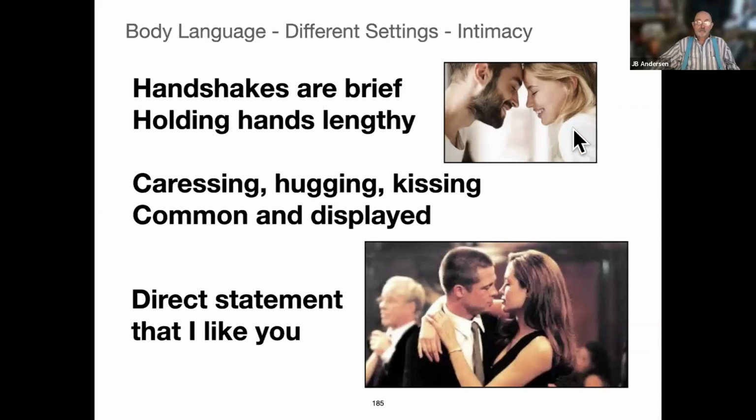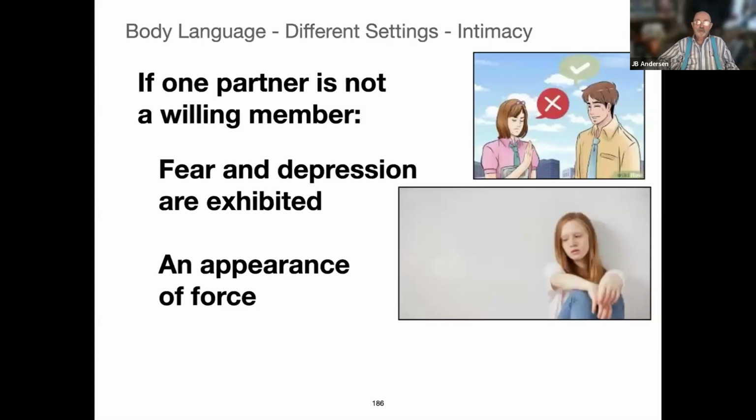There's a couple of people caressing each other, hugging each other, kissing in public, common, displayed to other people. It shows that I like you. It shows that we are a couple.